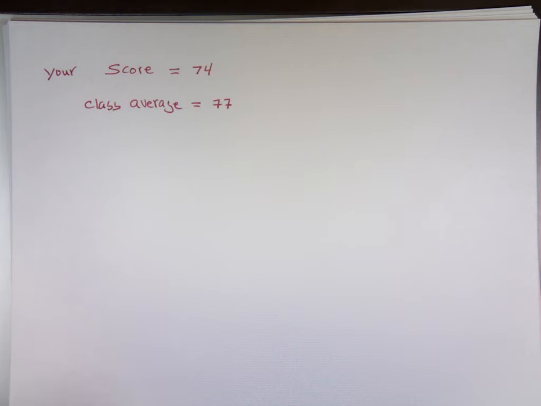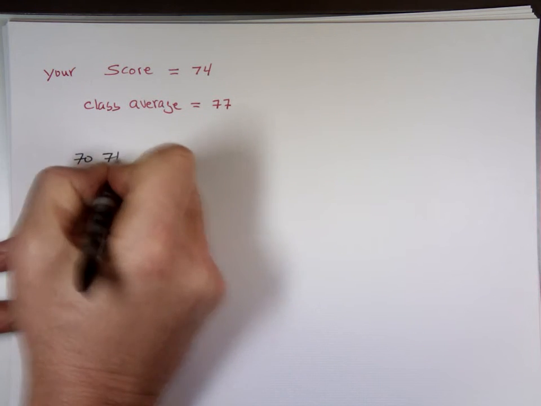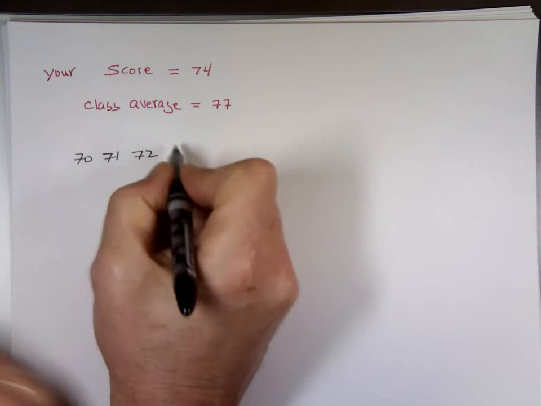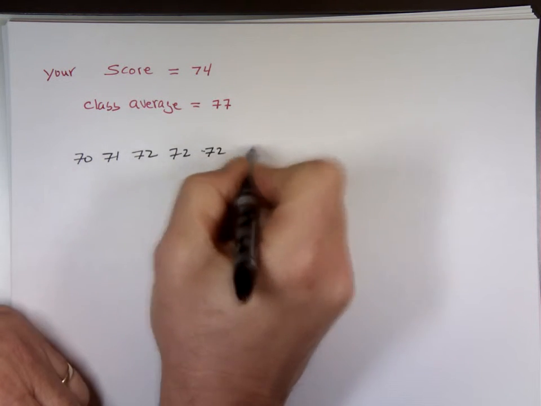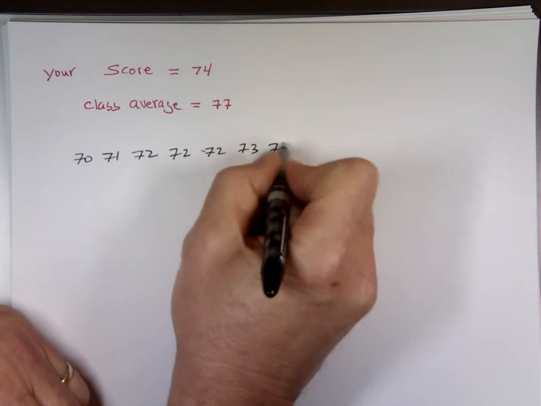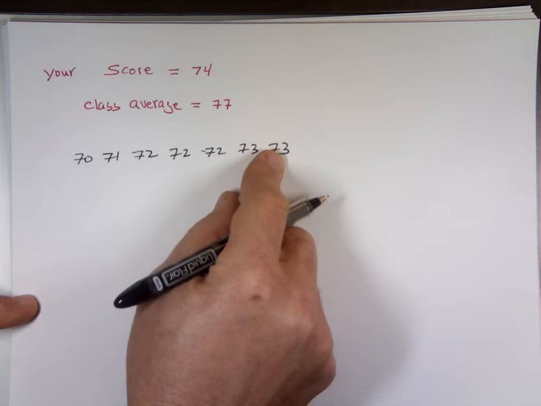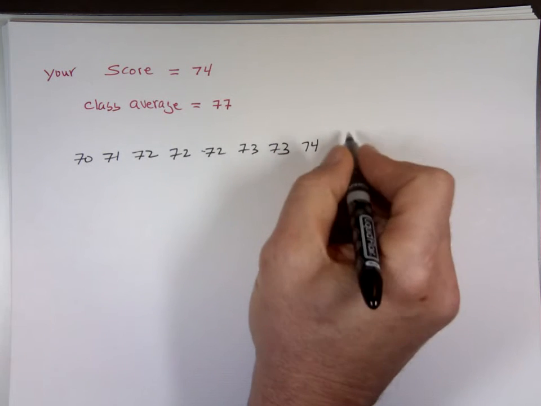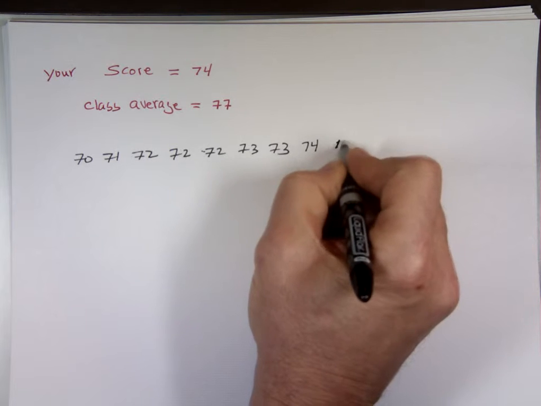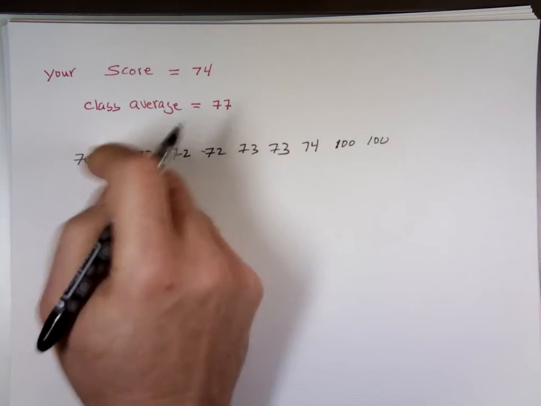Take this example. We have 10 students: 70, 71, 72, I'll put them in order, another 72, another 72, 73, 73, 74, 100, 100. There's 10 people.